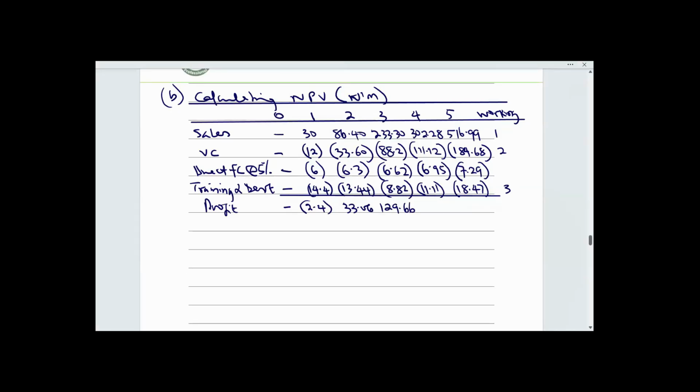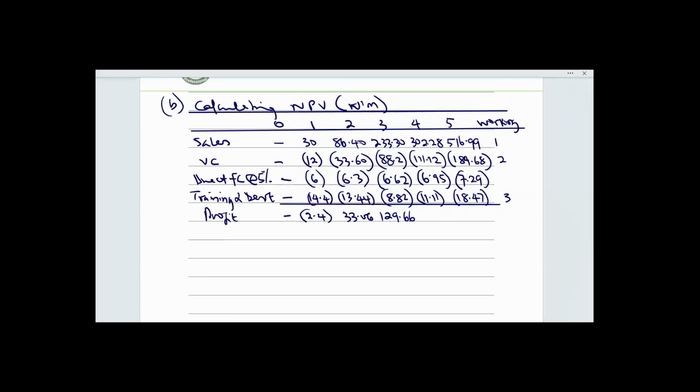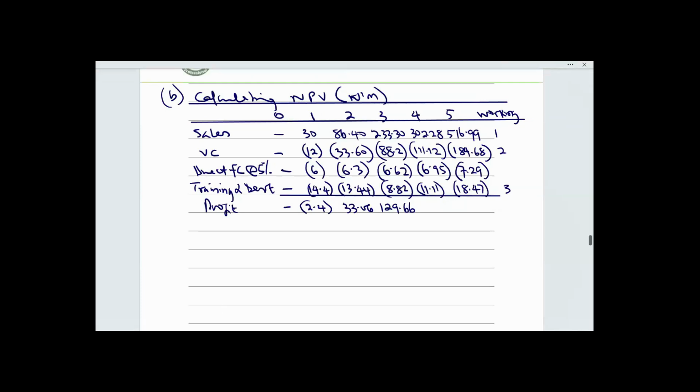In the 4th year, 302.28 minus 111.12 minus 6.95 minus 11.11 equals 173.1.